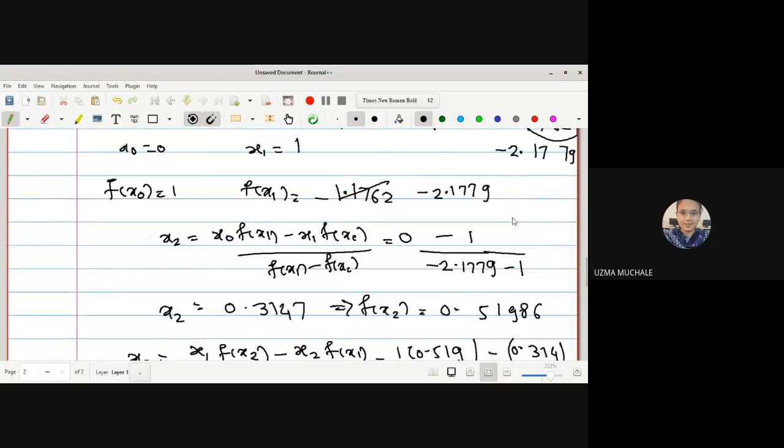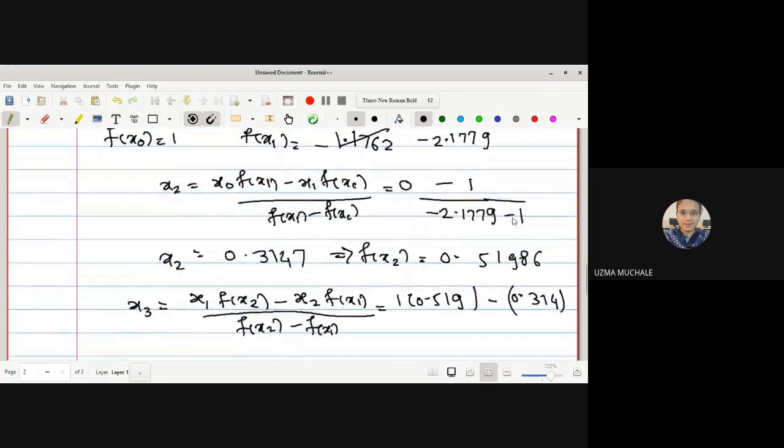What is the value of f of x1 we have calculated? Minus 2.177. So this will become plus 2.177, divided by f of x2, that is 0.5179, minus minus 2.177, which becomes plus 2.177.